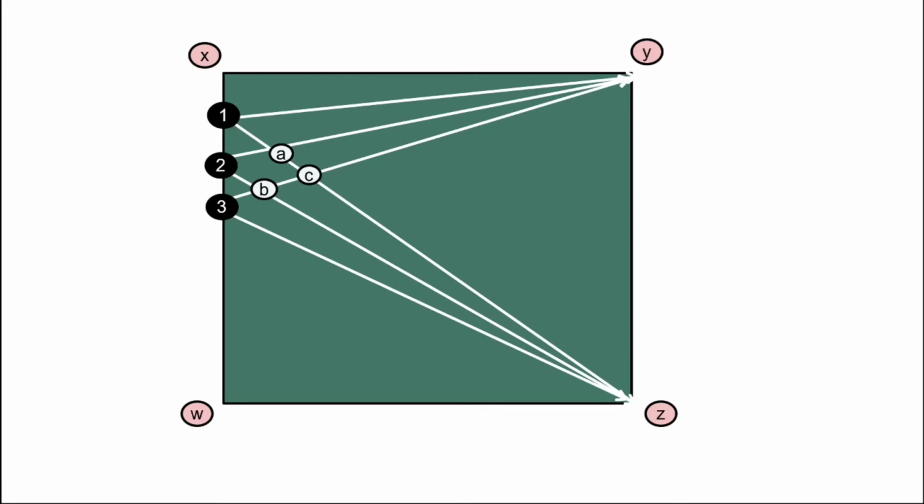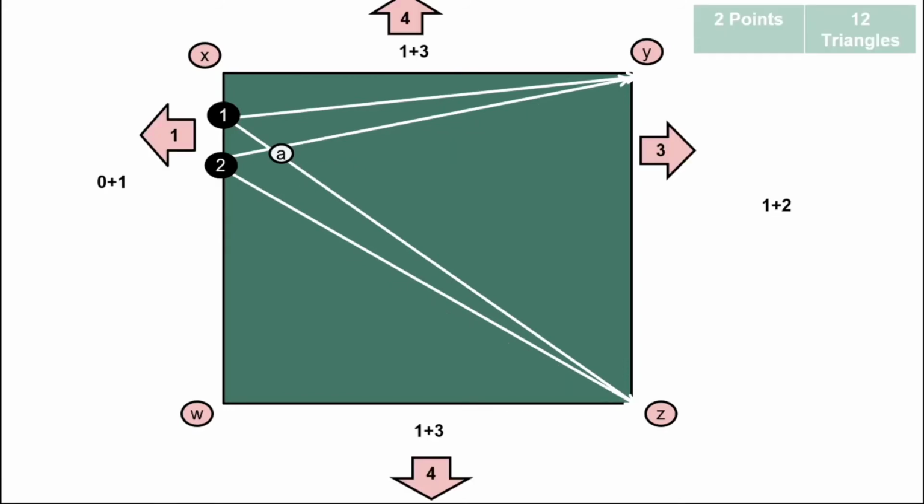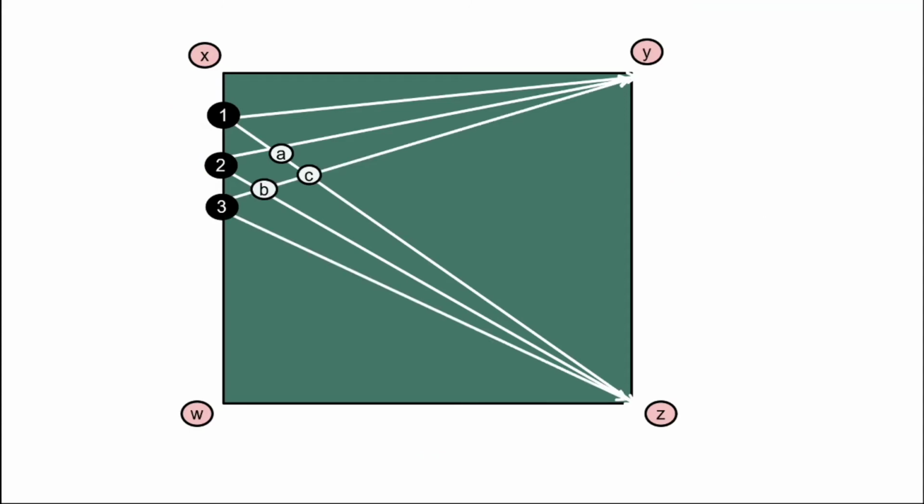On the second point, we have 12 triangles formed. On the third point, on the top, we have an additional 6 triangles, which are 3XY, 31Y, 32Y, B2Y, BAY, and B1Y.